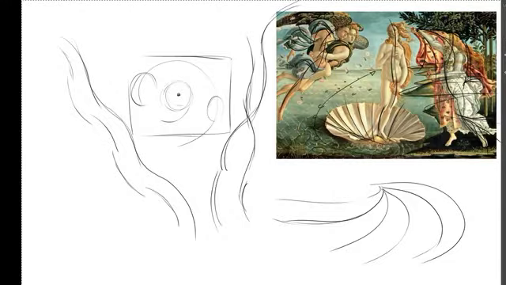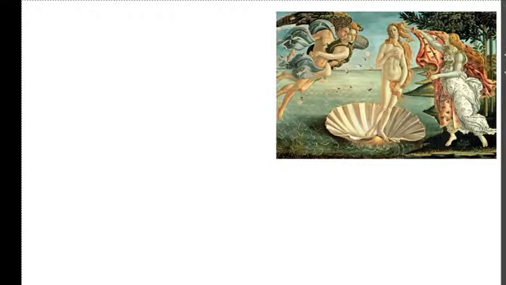Okay, so let's hide Botticelli for a little bit and we'll move into our practices. So we'll start out with ellipses again. And today's beginning with ellipses.